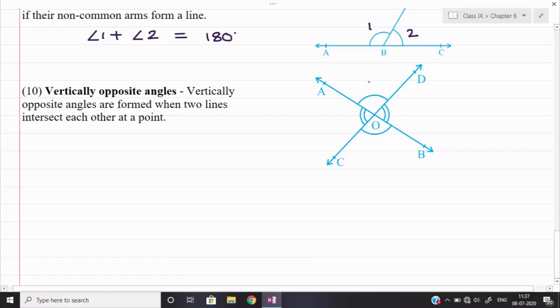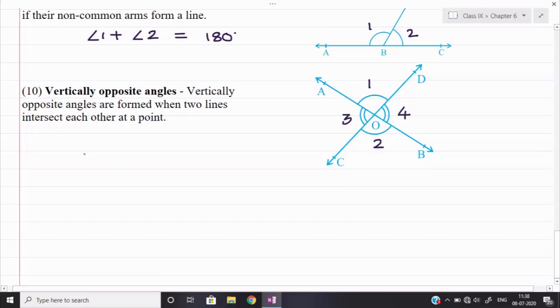Okay, so if I say this is my angle number 1, this is my angle number 2, angle number 3, and this is angle number 4. Observe that 1 and 2 are exactly opposite to each other, right?